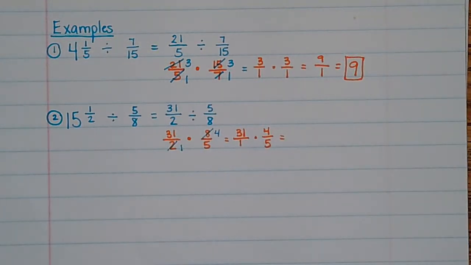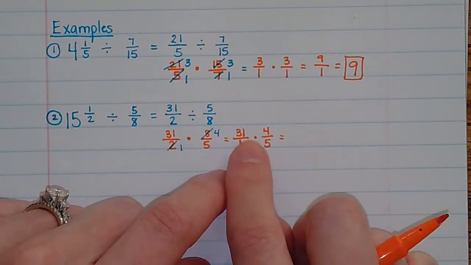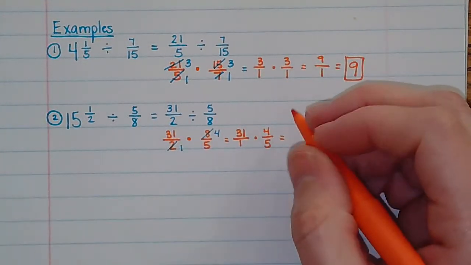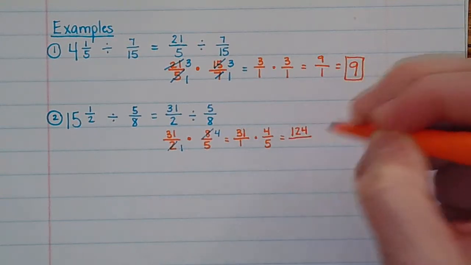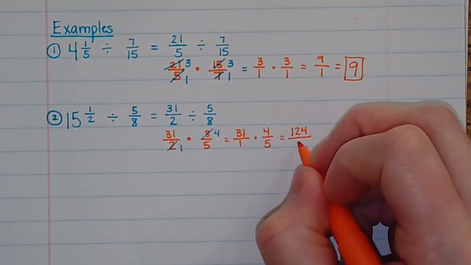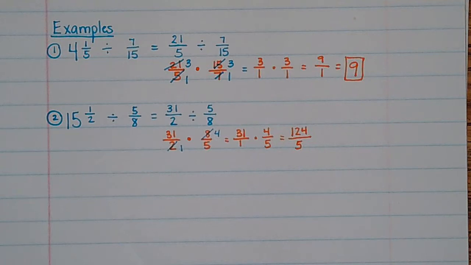Remember, I've already done the keep, change, flip, so I'm not keeping and changing and flipping anything. Now I'm at the multiply step. So I multiply straight across. 31 times 4 is, I think, 124. Pretty sure about that. And then 5 times 1 is 5. Sometimes, like I've said before, you leave your answer just like that.